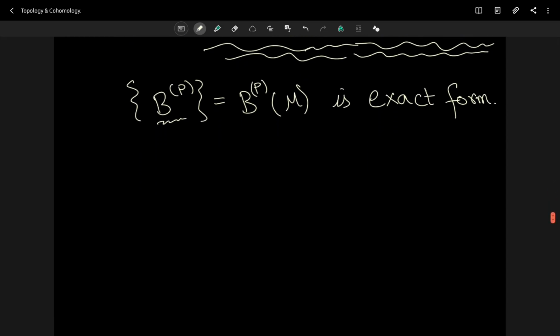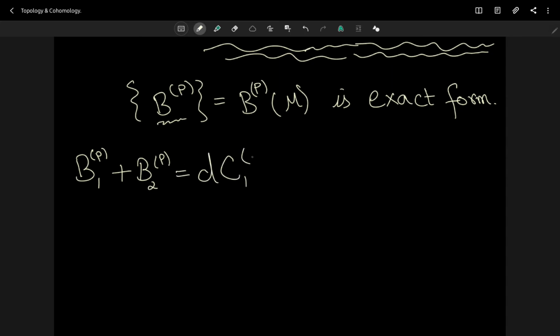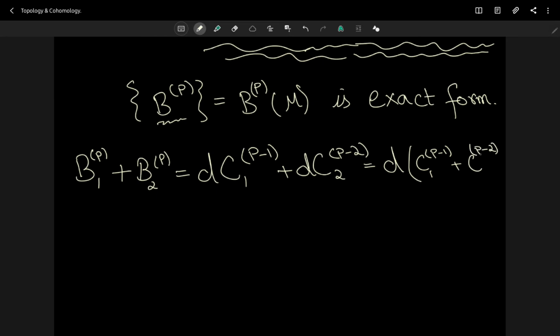And you can show that b1 of p plus b2 of p is equal to d c1 of p minus 1 form plus d c2 of p minus 1 form, which is simply equal to d of c1 plus c2.